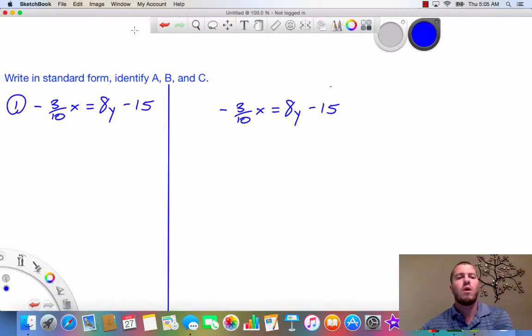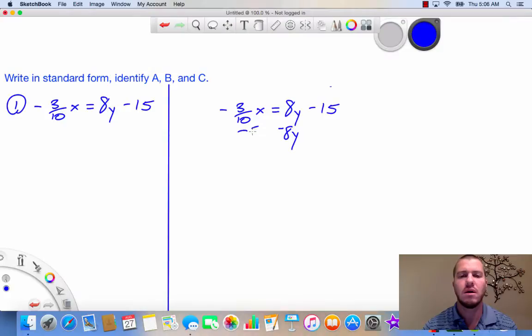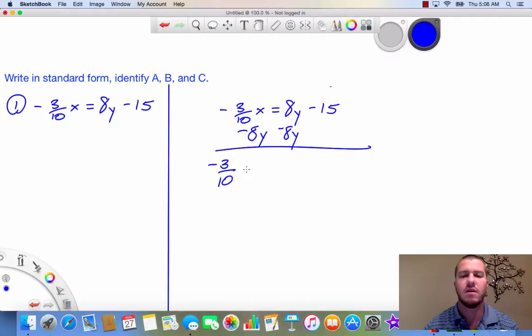So in this one I want to write in standard form, which means I want the x and the y on the same side. So I'm going to go ahead and subtract the 8y. Now I can't combine these because one's x and one's y. So I'm going to leave it negative 3 over 10 x minus 8y is equal to negative 15.